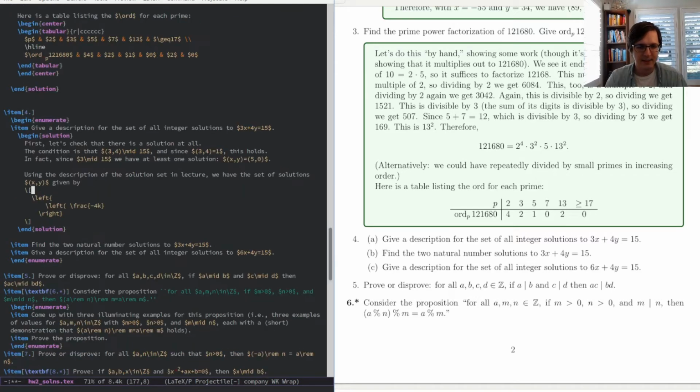Okay, so now the idea was we take the homogeneous solution and add it to the particular solution. So we take 5 plus this homogeneous solution, so minus 4k over the GCD, 0 plus 3k over the GCD.